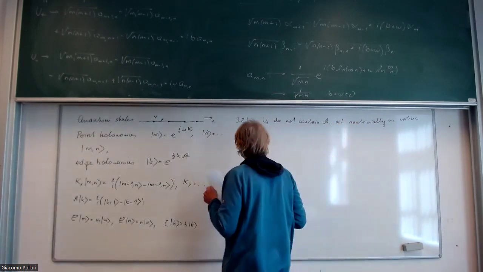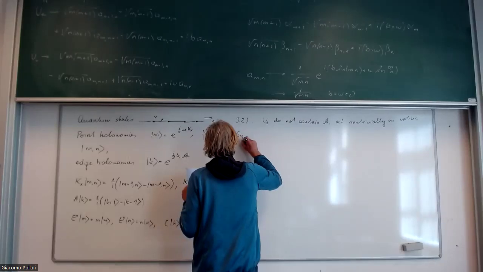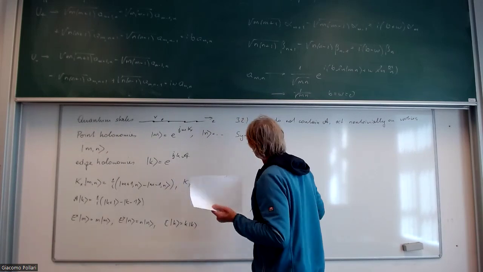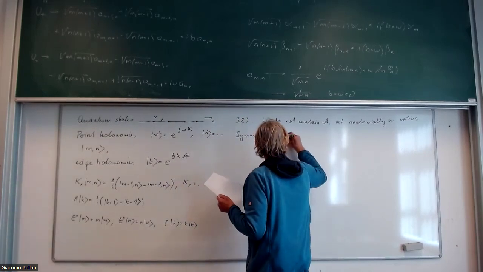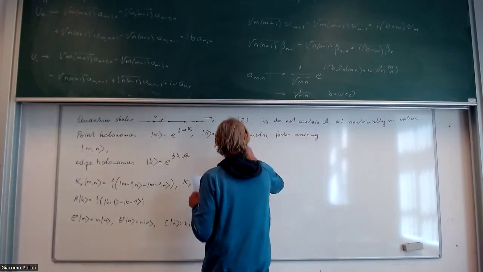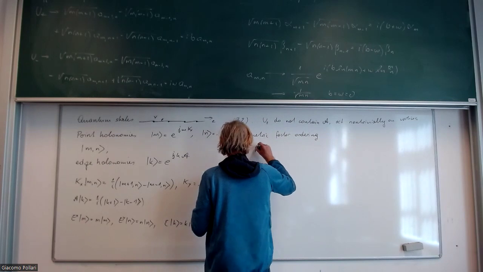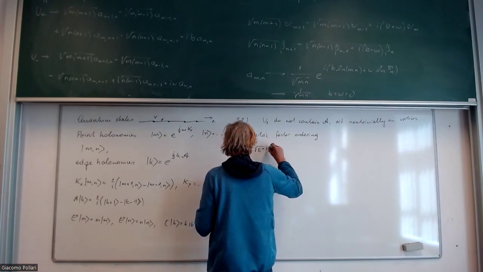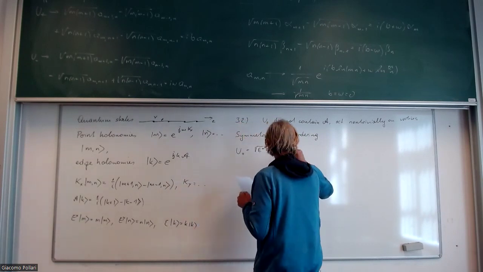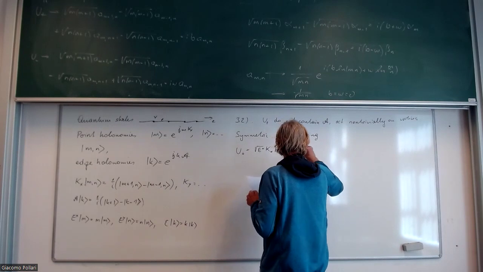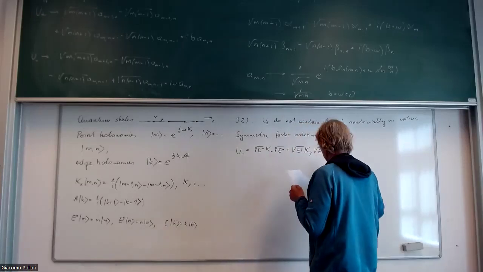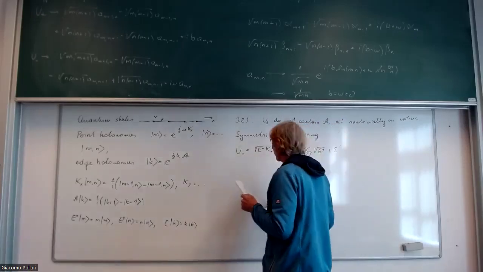So we choose a symmetric factor ordering to make symmetric or hermitian operators. So that U plus becomes the square root of Ex, Kx, and it's more the square root of Ex. The same for Y. Plus E prime.